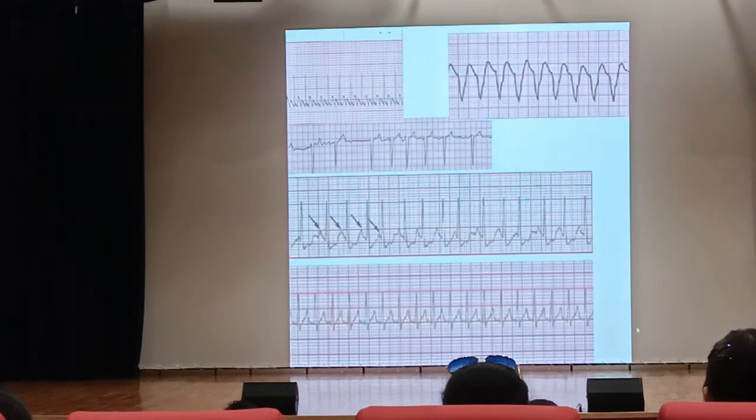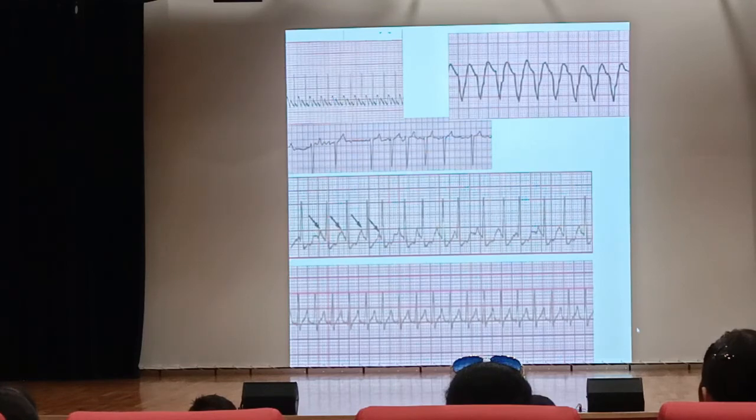What is this? So here the abnormality, if I look, is that the P wave is of different shape and size, and the PR interval is variable. So what does this signify? It means there are various foci in the atria generating the P wave, not only the SA node but other areas. And the heart rate is more than 100. QRS complex is narrow.